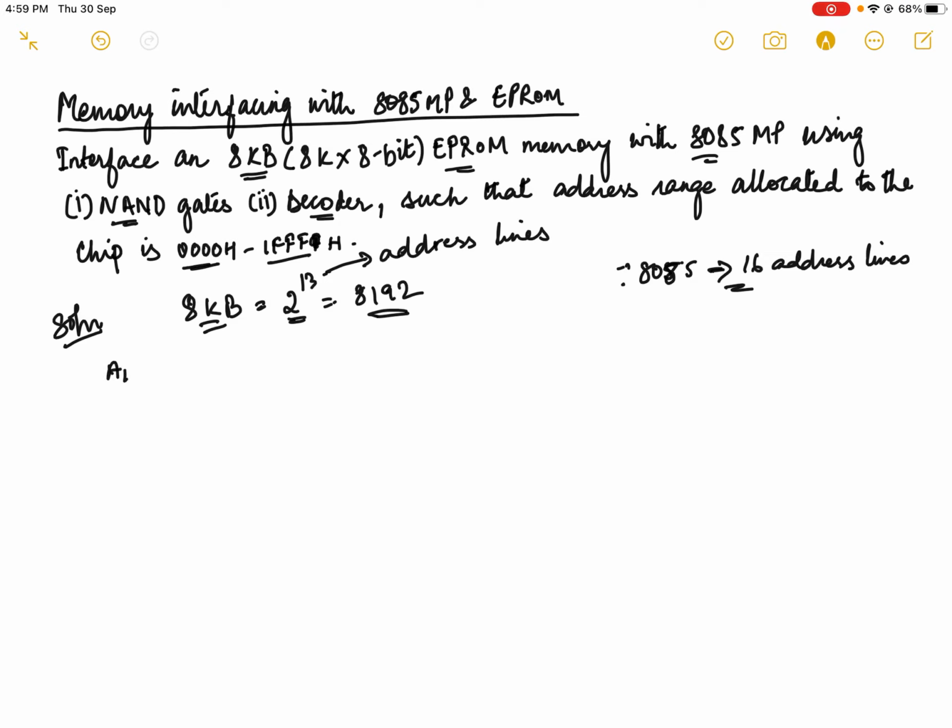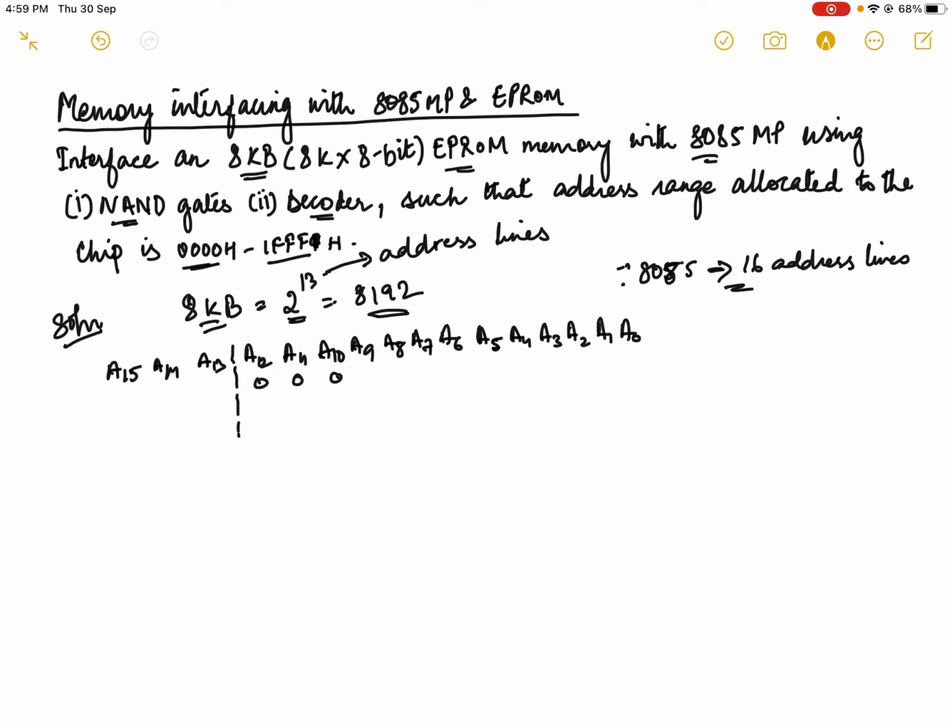So we'll write it this way: A15, A14, A13, A12, A11, A10, A9, A8, A7, A6, A5, A4, A3, A2, A1, A0. That is 16 lines, A0 to A15. Since it needs 13 address lines, A0 to A12 will be the 13 address lines.